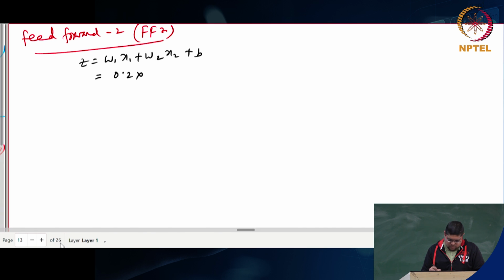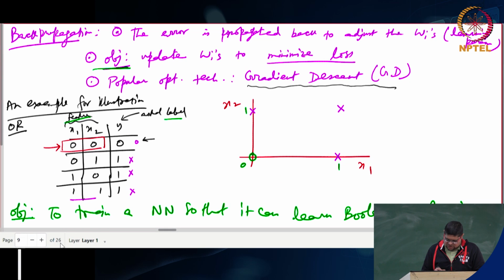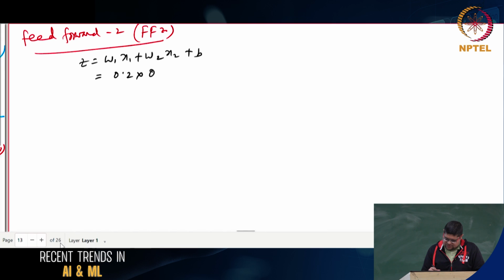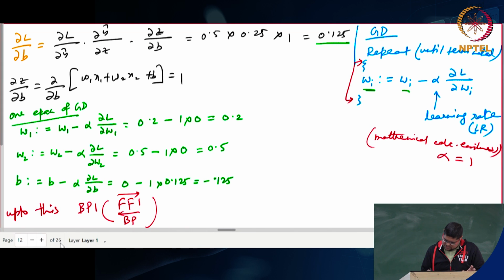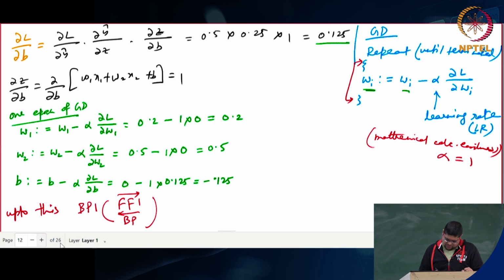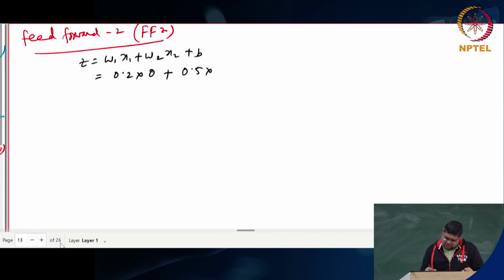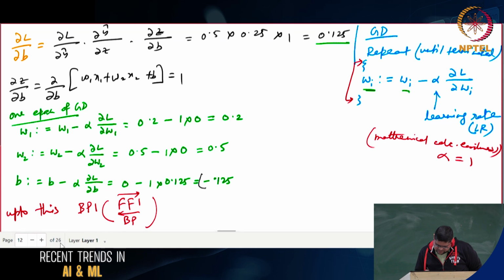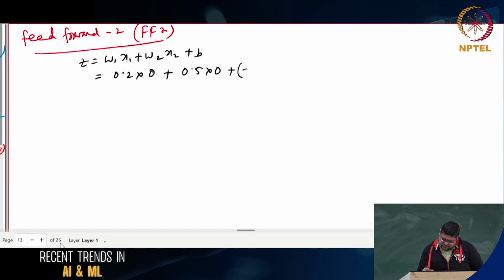W1 was 0.2 into x1, and x1 and x2 values you are getting from here, 0, plus W2 value was 0.5, no change, 0.5 into 0, plus this B, previously 0, now updated to minus 0.125.